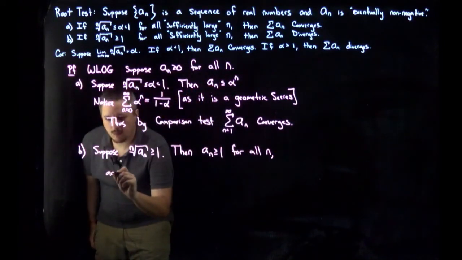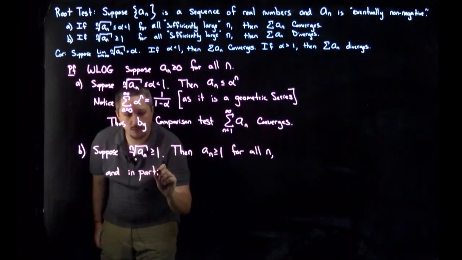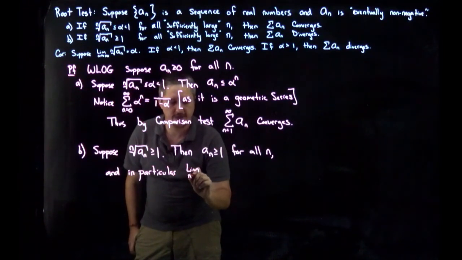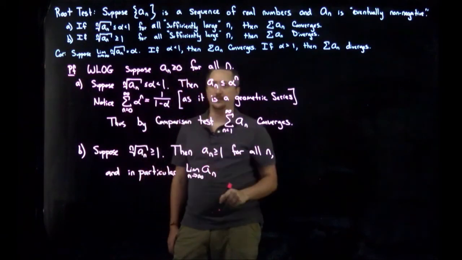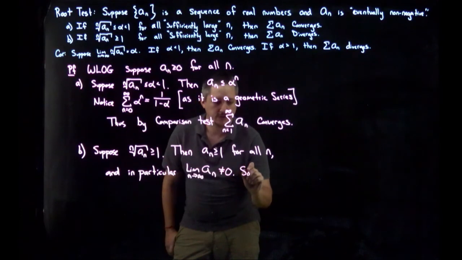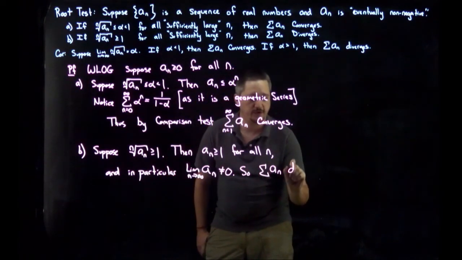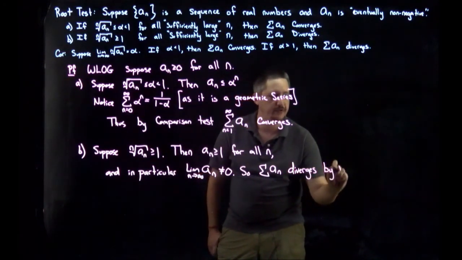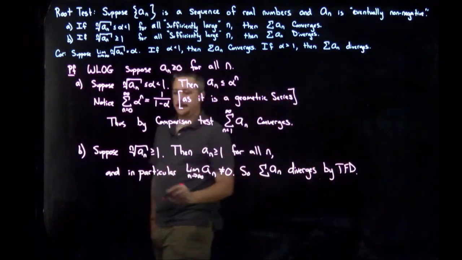And in particular, the limit as n approaches infinity of a_n, right? This isn't S_n, I'm not doing the series, I'm doing the term, is not 0. So the series of a_n diverges by the test for divergence. And that's part B.